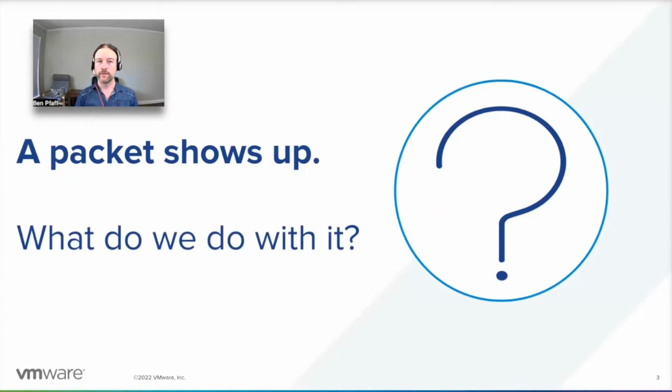So now here's what I actually want to talk about, now that I've gotten through the introduction. For me, it's the number one question in software packet processing. In my experience, it's: when a packet shows up, what do we need to do with it?